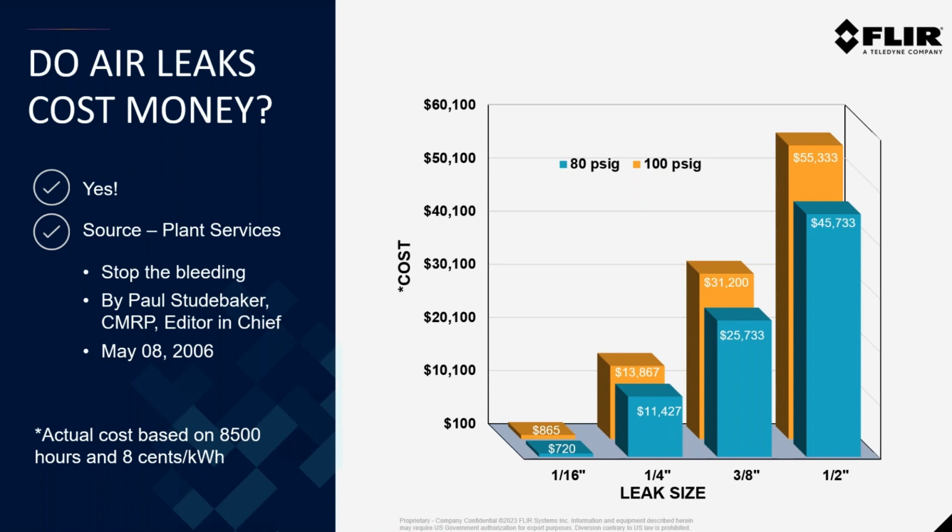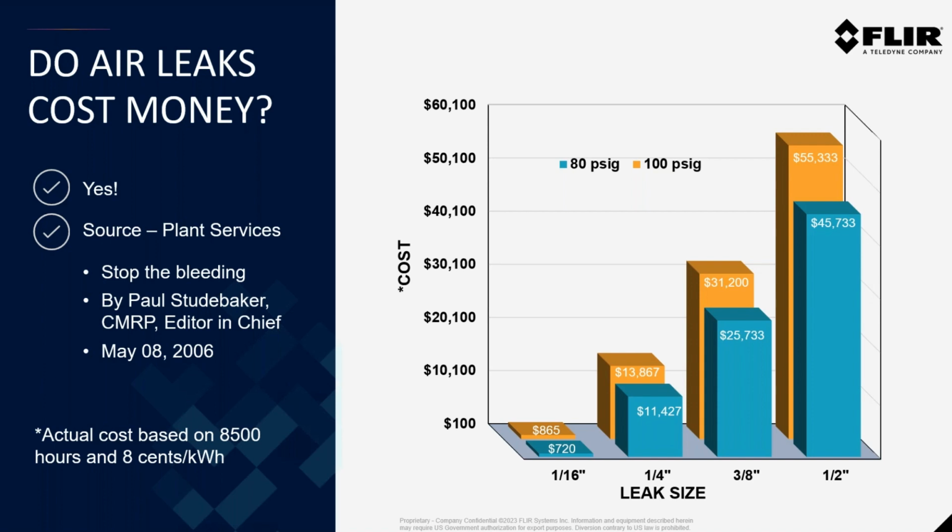You can see based on both the pressure, so between 80 and 100 psi, and also the size of the hole or the opening, you can see the costs are rather significant when it comes to the impact of compressed air. So what does it really mean?